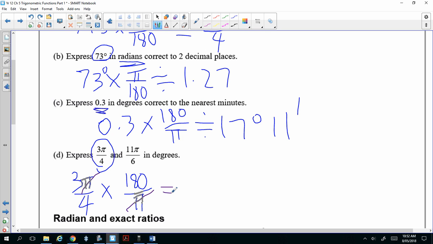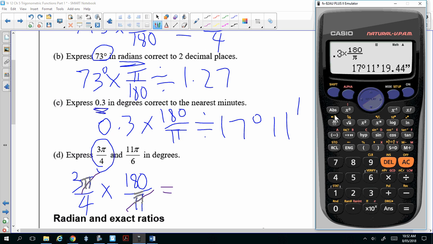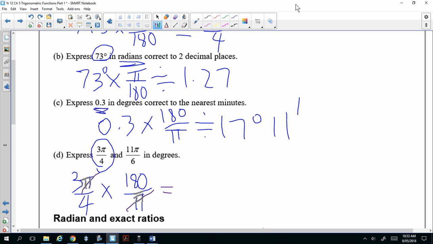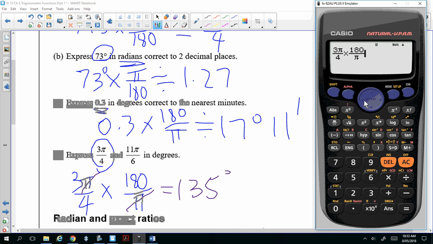So write 3 over 4, or you can type the whole thing in with the pi if you want, because the pi just get cancelled. Times by 180 over pi. Okay, like that, 135 degrees. And of course, if you don't have the pi, it won't make a difference. You still get the right answer because the pi get cancelled. Yeah, you still get 135.